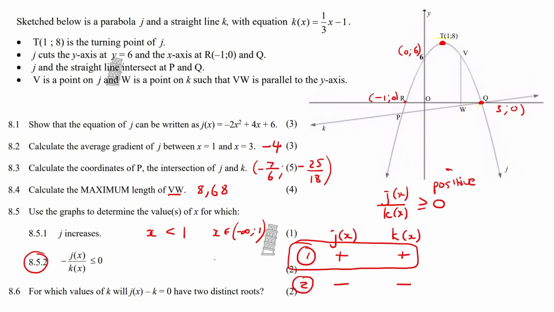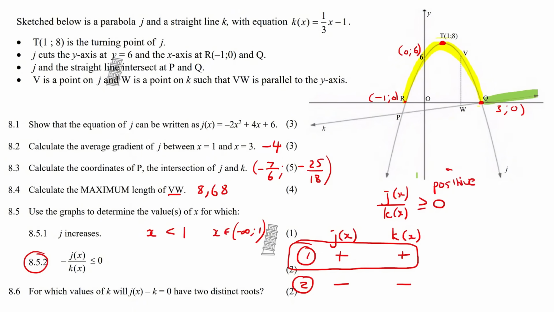So let's find all places on the graph where j is positive. What does that even mean, j is positive? It means that it's above the x-axis. So where is the graph of j above the x-axis? Okay, there. So we've done that part. Now where is the graph of k above the x-axis? Well, that would be over there.